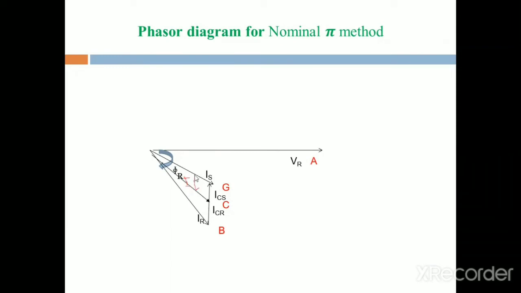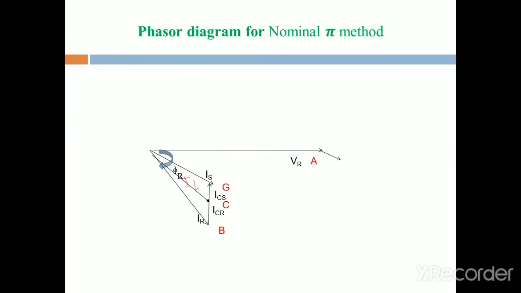The current flowing through the transmission line, IL, is equal to IR plus ICR. Next, at an angle of 90 degrees, we draw the ICS. By the vector sum of this ICS and IL, we obtain the IS.